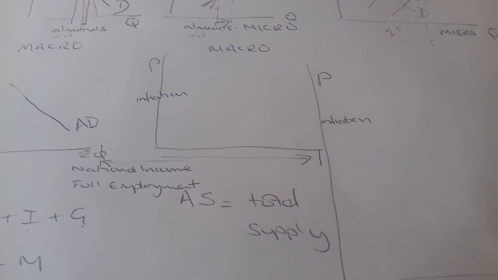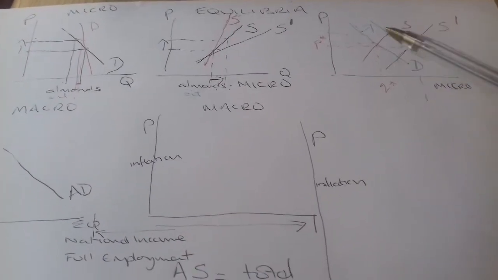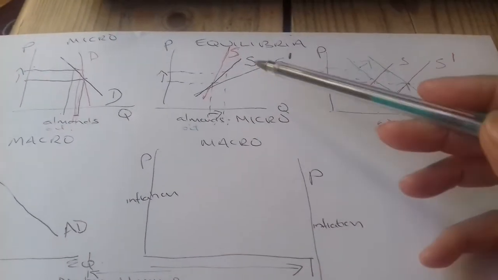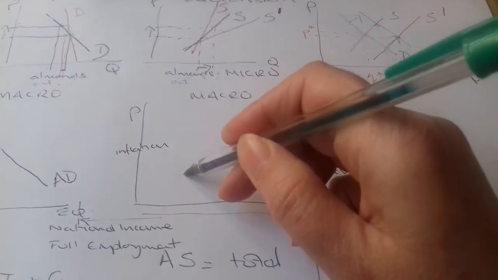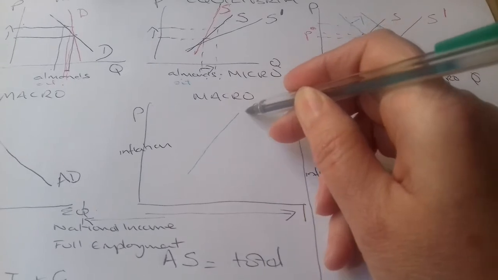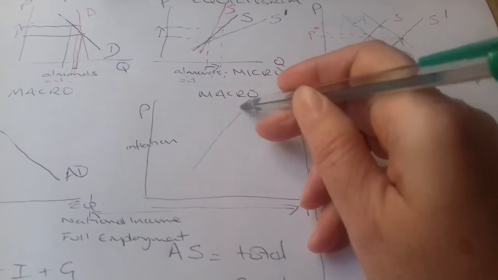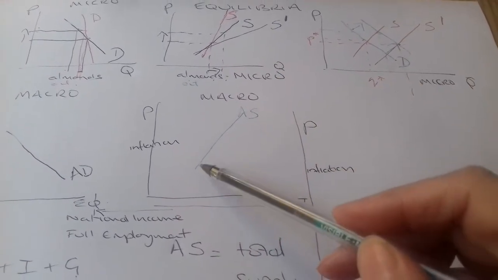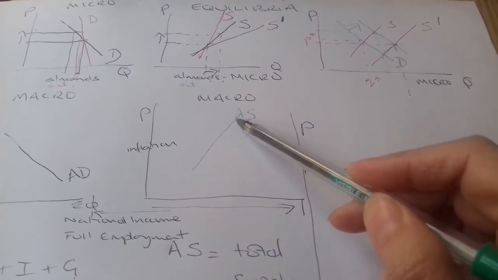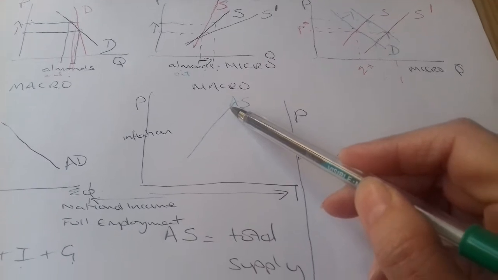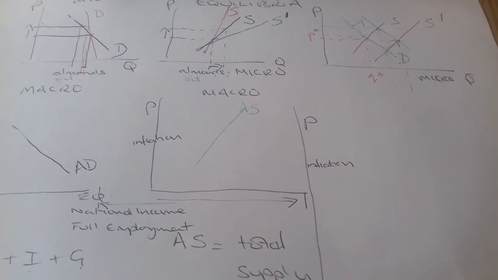Next, let's think about aggregate supply. So aggregate supply represents the macroeconomic equivalent of our supply curve up here. So originally we might think of aggregate supply as looking like this. So this is aggregate supply: a low level of price, we see a low level of output, but at higher prices more is brought forward and supplied to the market by firms.